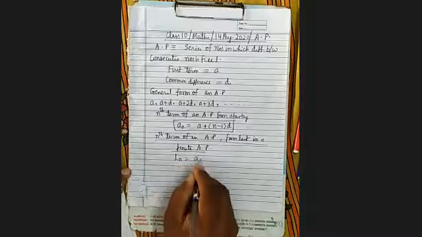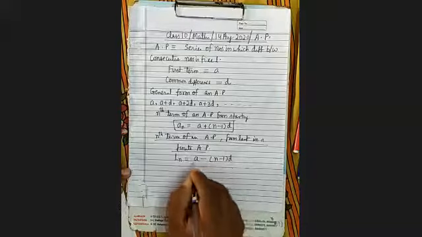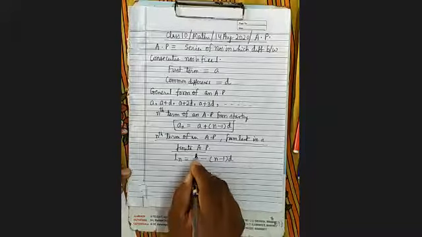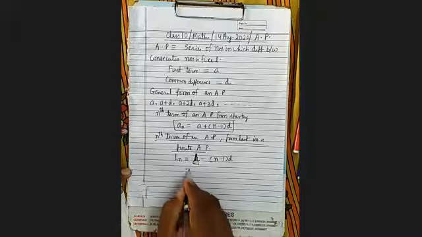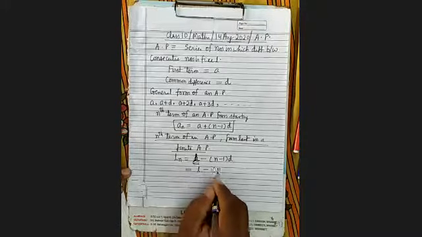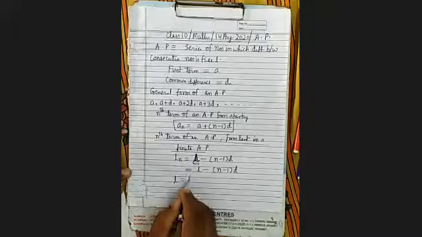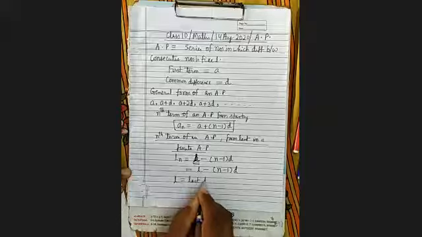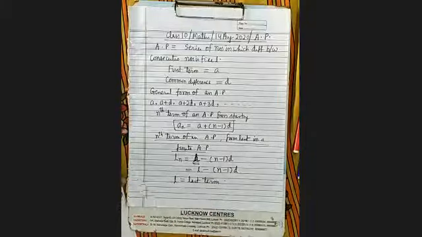It will be equal to L minus (n minus 1) into D. This is L. It's clear. L minus (n minus 1) into D. What is L? L is the last term. Now we will do the questions.